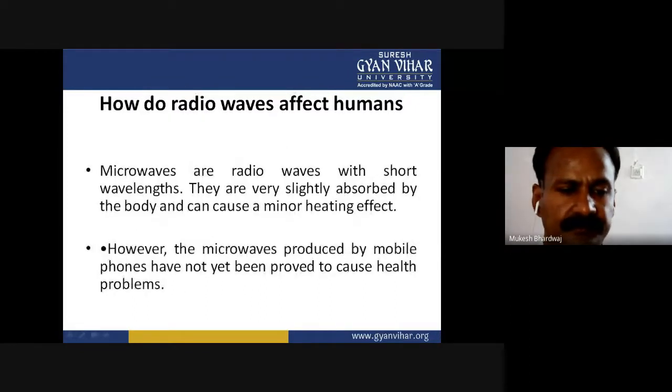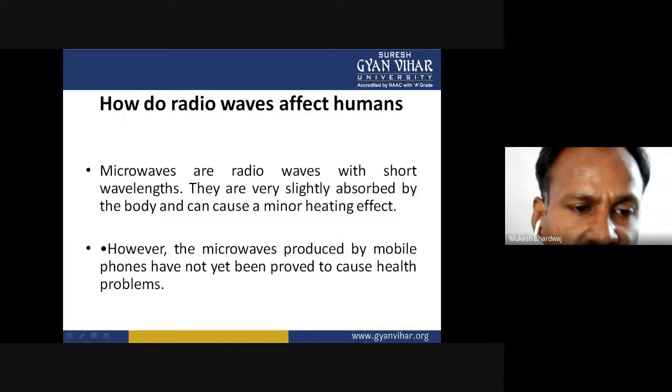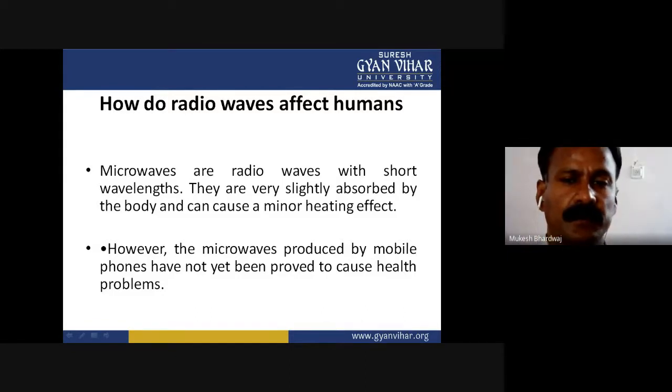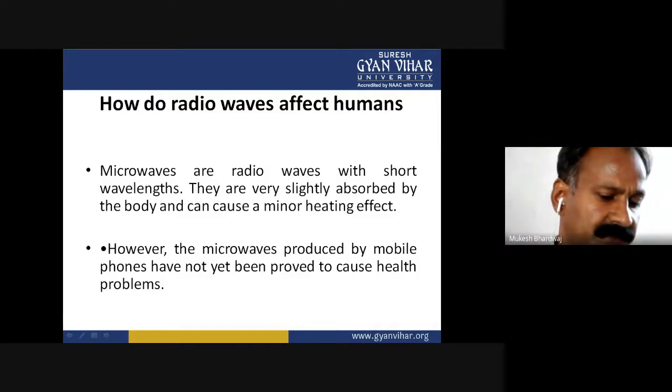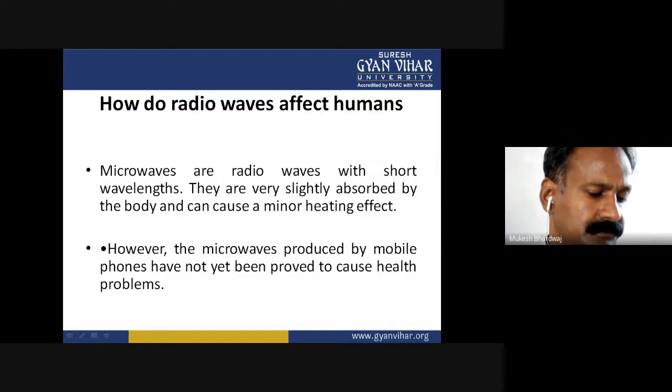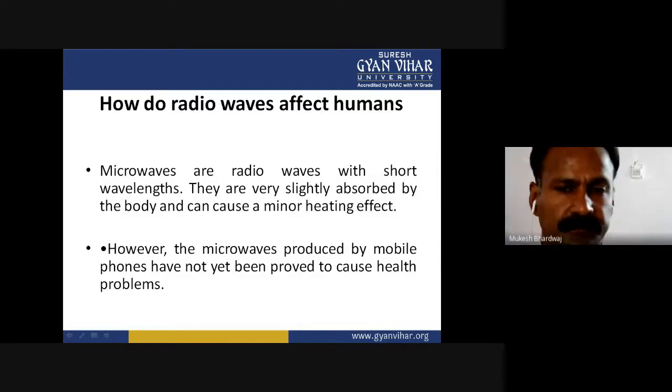Microwaves are radio waves of short wavelength.